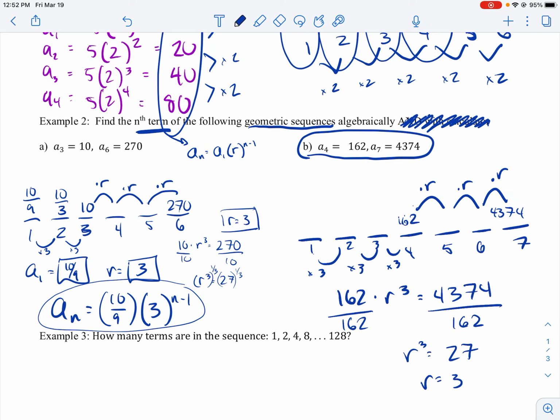So 162 divided by 3 gives me 54. Divided by 3 gives me 18. And divided by 3 gives me 6. So my answer, which I'll put in big red here, a sub n is equal to our first term, which is 6, times 3 raised to the n minus 1.